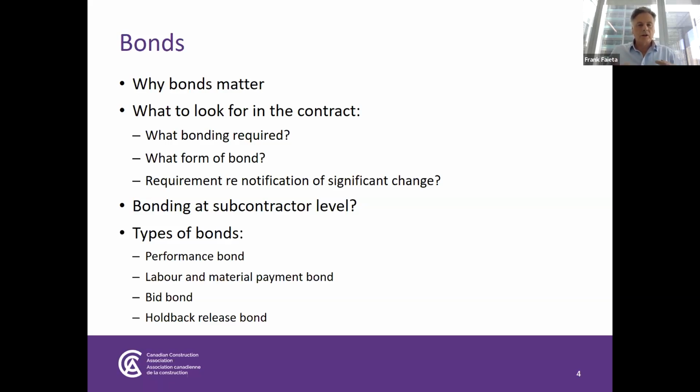And to make sure that the contractor can fulfill its obligations, it also needs to get some sort of a guarantee from key subcontractors that they're going to perform their obligations, because the default of a key subcontractor can very easily cause the default of a general contractor, which could result in a call on the general's bond, right? So you've got some layers there, and this is all about risk mitigation.